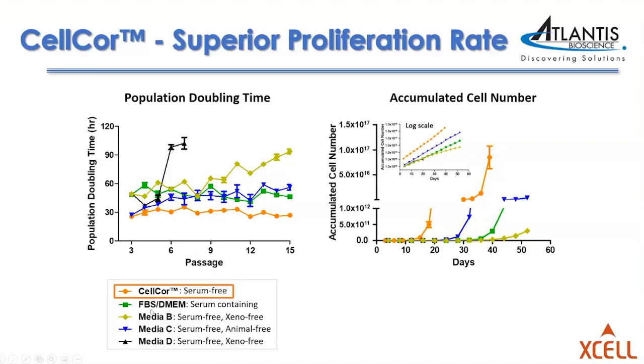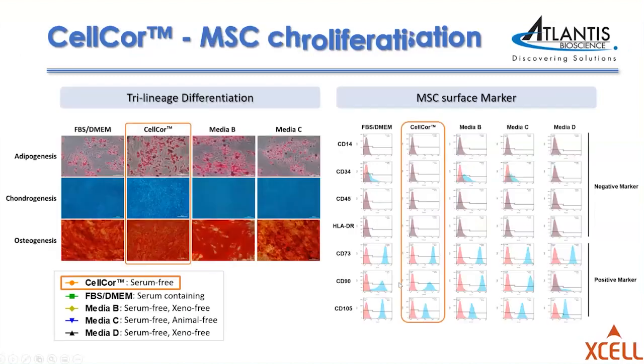So cells grown in the CellCore media are also able to maintain the standard MSC characteristics based on the trilineage differentiation, and also express the standard MSC surface markers as shown here. The chemically defined media have also been shown to be more stable than that of the competitors' serum-free media. So cells grown in CellCore media, shown here in red, have a lower ratio of cell senescence.